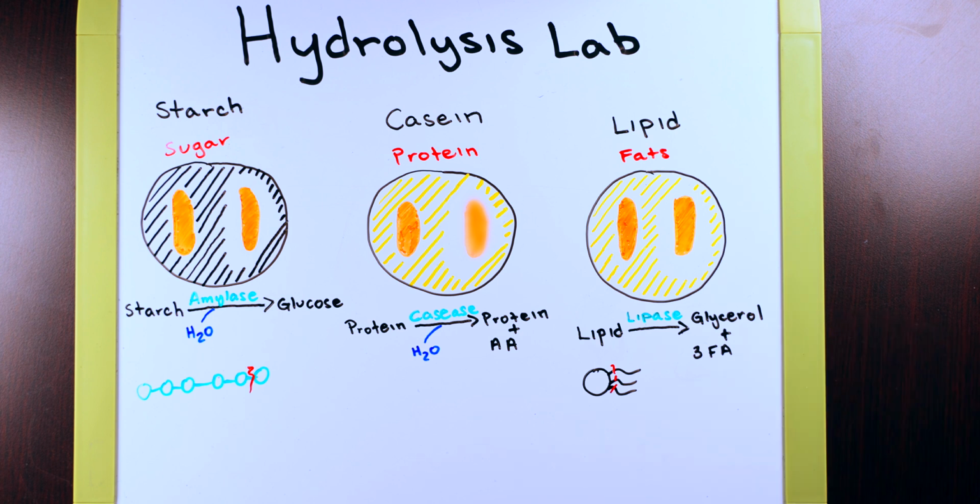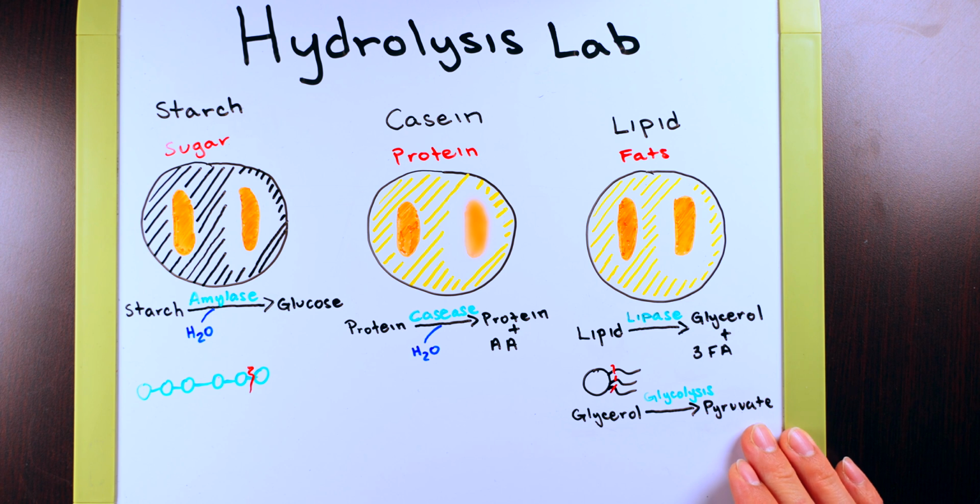And this is significant because each of these molecules can go through an energy producing process. Take glycerol for instance. Glycerol can go through glycolysis to produce pyruvate. This process on its own creates ATP, but pyruvate can further be used in other energy processes to create more ATP.